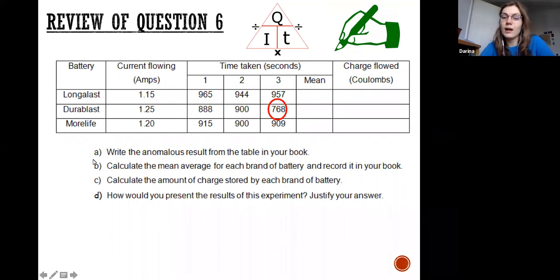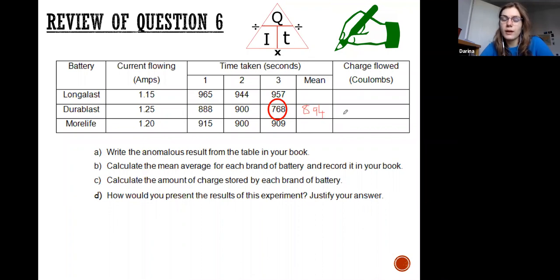Okay, well, what you needed to do is obviously you needed to find the Q. So you're covering that up. That means that you're timesing together the current and the time, which means that you're basically using the mean that you just calculated, which was 894, and then you're timesing it by the current flowing.